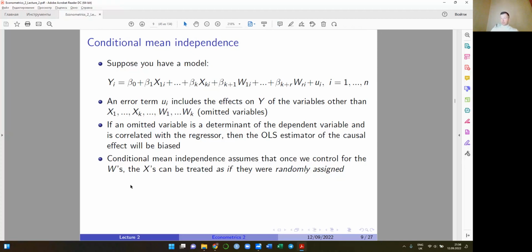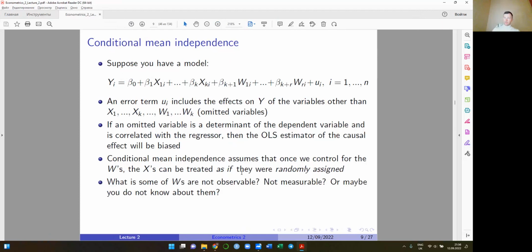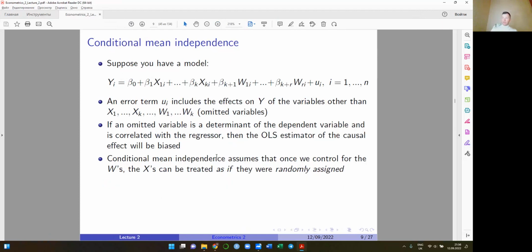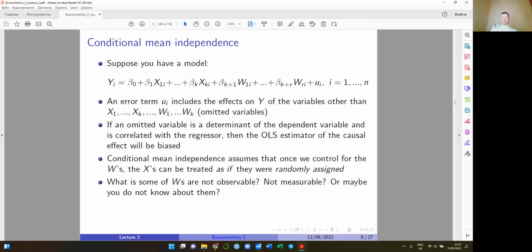Well, once we control for all variables that are correlated with the variables of interest, with the x's, and can influence y, we can treat the x's as if they were randomly assigned. But the question is, and we stopped here in the first part of the course, what if some of these variables are not observable?